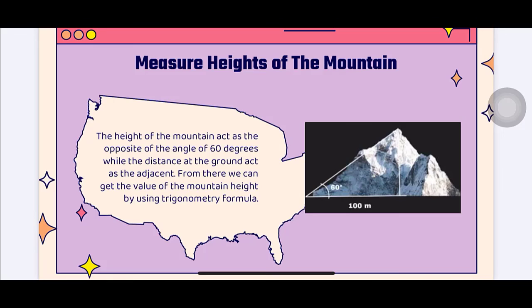From here we can use the formula tangent theta equals opposite divided by adjacent. Tan 60 equals opposite divided by 100. So the opposite, which is the height of the mountain, we get is 173.21 meters. That's all for the example.